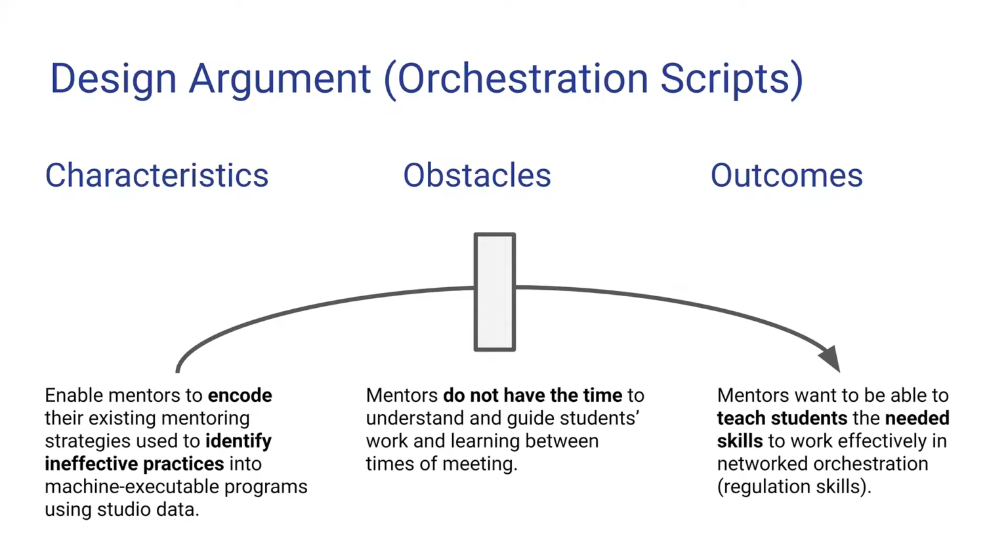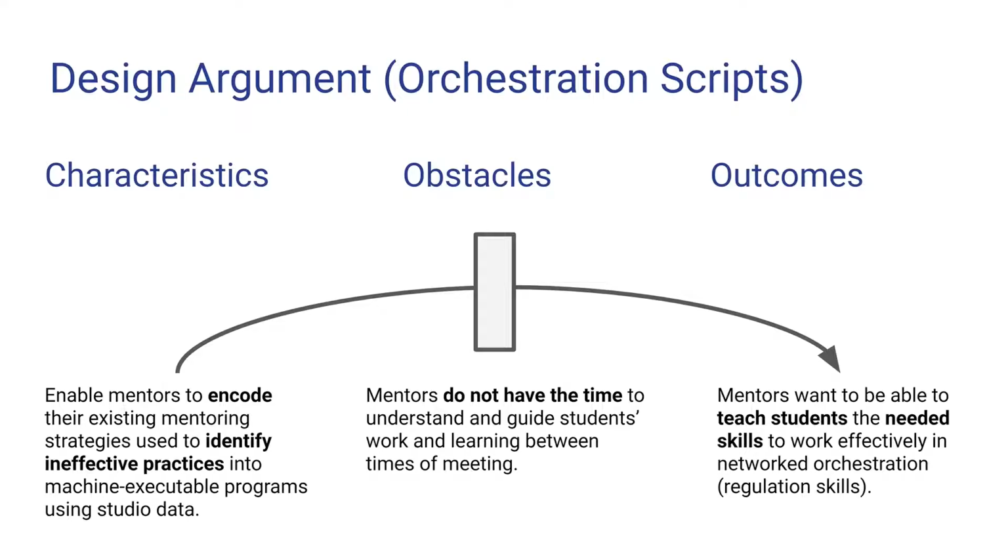The obstacles in the way of that are that mentors do not have the time to understand and guide students' work and learning between times of meeting. So passive methods of detection are not effective enough currently. And the characteristics of a potential solution would be to enable mentors to encode their existing mentoring strategies used to identify ineffective practices into machine executable programs using studio data.